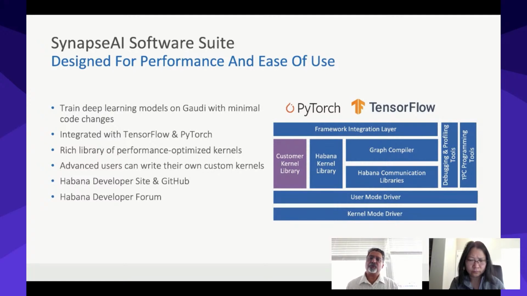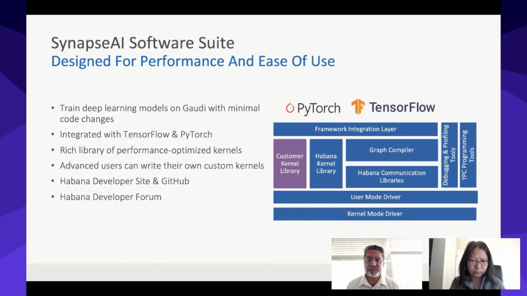And then we've made a few other changes in order to optimize the performance of that model on Gaudi. So if you go to our GitHub repository, habana.ai, you'll be able to see the model references repository there, and that's where all of those models are stored.